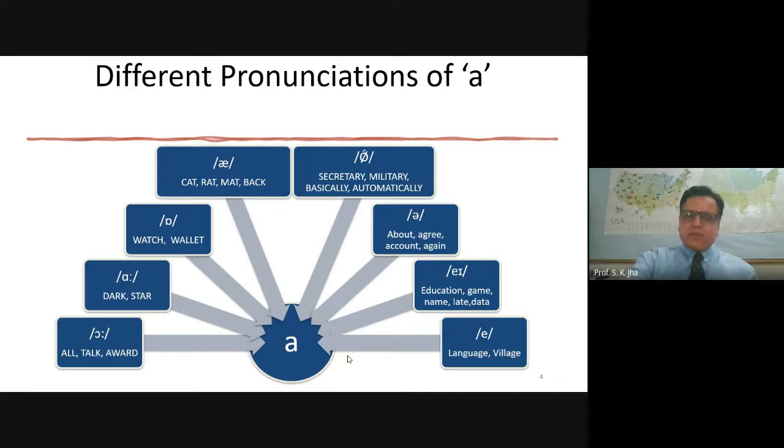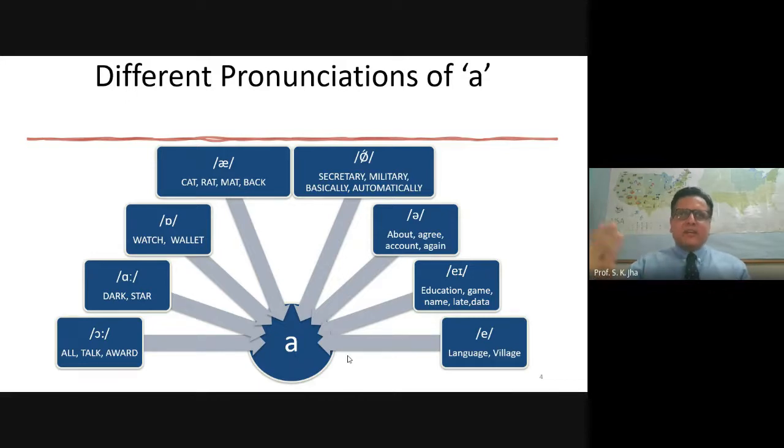Then you have one interesting phenomenon where A gets silent, as in "secretary". A after T, or A between T and R, this A gets silent. "Secretary", "military", "basically", "automatically". You can check it in your dictionary. You will not find this A sound there. Similarly, in the next example, it becomes a schwa sound.